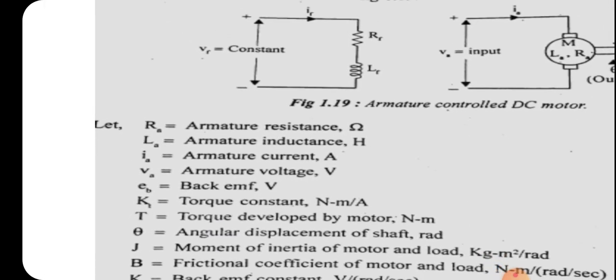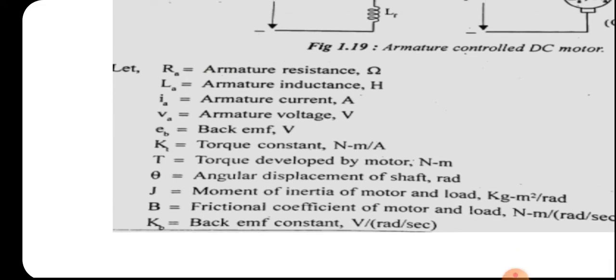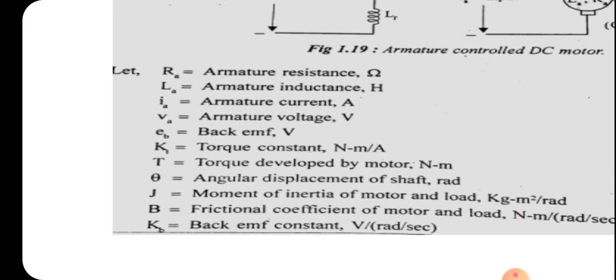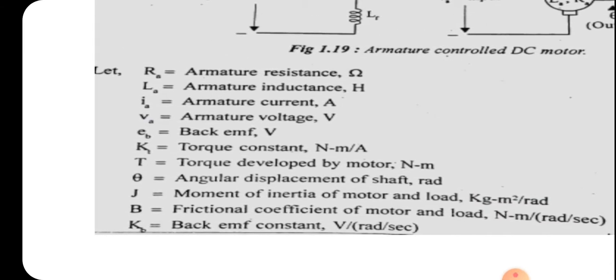We have to note these notations, where RA is the armature resistance, LA is the armature inductance, IA is the armature current, VA is the armature voltage, EB is the back EMF, KT is the torque constant, capital T is the torque developed by the motor, theta is the angular displacement of the shaft, J is the moment of inertia of the motor and load, B is the frictional coefficient of motor and load, and KB is the back EMF constant.